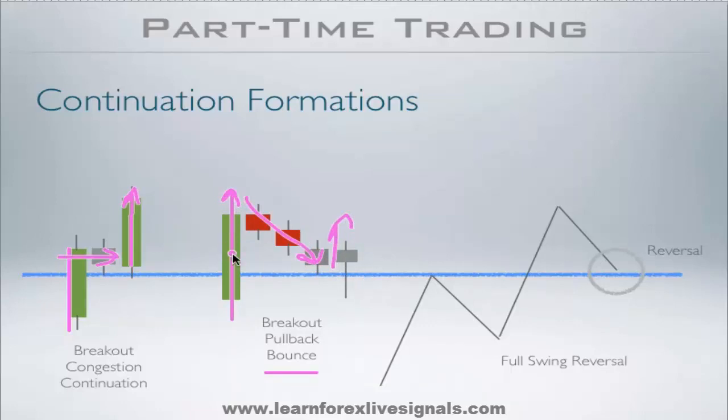Again, the difference here is that in this first example, price has not been driven too far from breakout levels, and then we don't require any pullback whatsoever, just a little bit of hesitation to base our entry around that level.